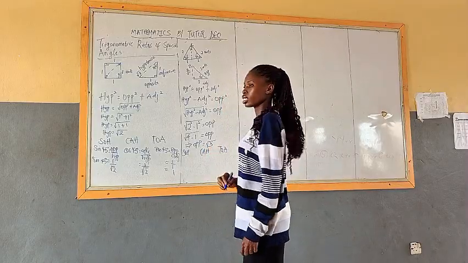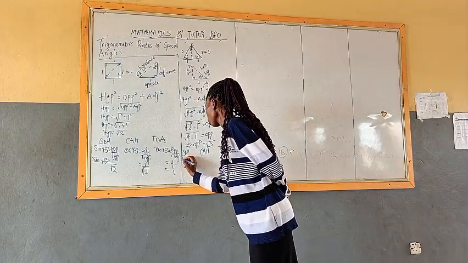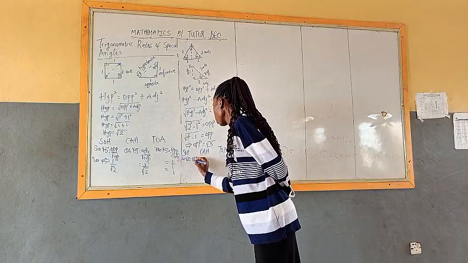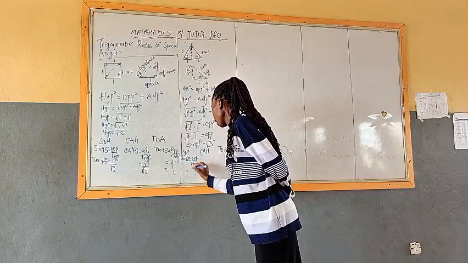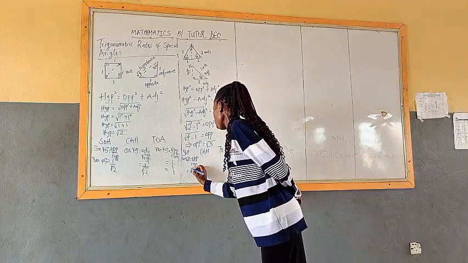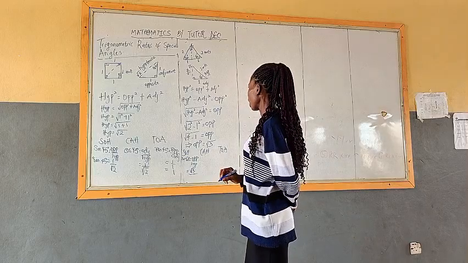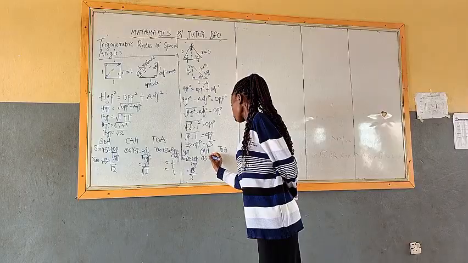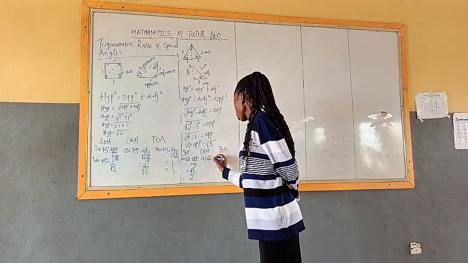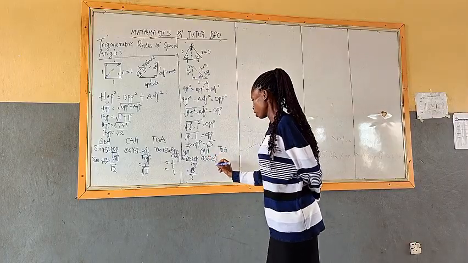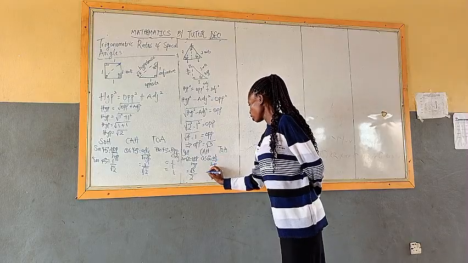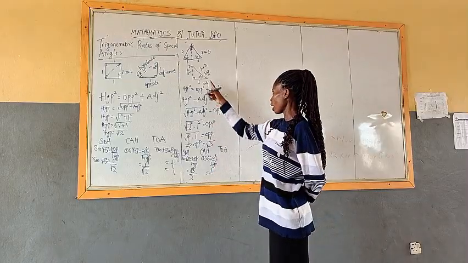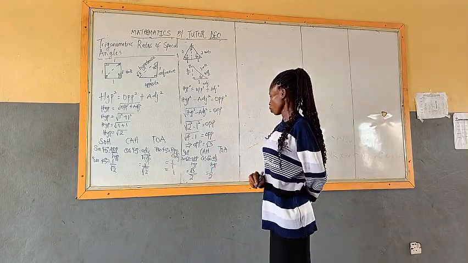Now we can further move on to our ratios for angle 60 degrees. So we have sine 60 to be equal to opposite over hypotenuse, and that is equal to root 3 all over our hypotenuse 2. What about our cos? Cos 60 is equal to adjacent over hypotenuse, which then gives us 1 over our hypotenuse, which is 2.